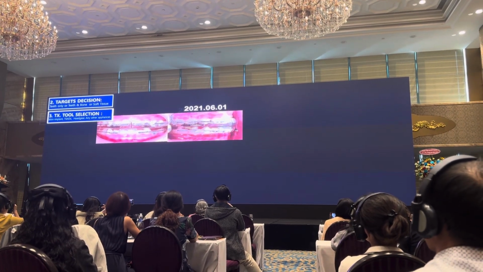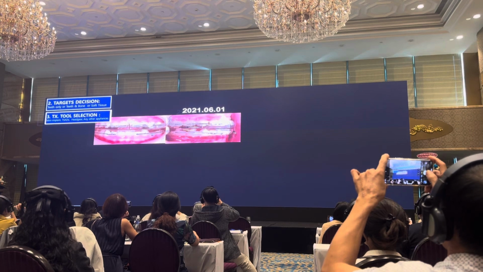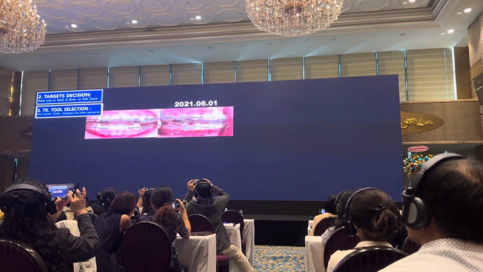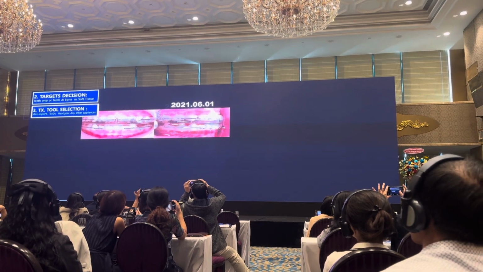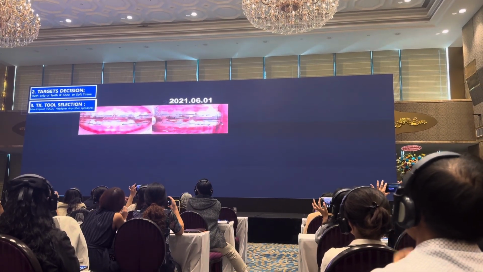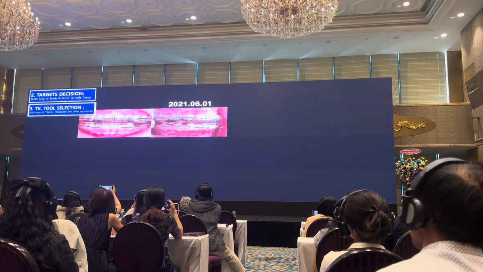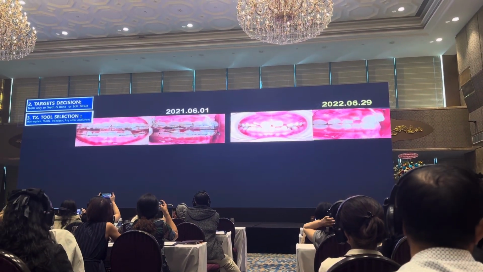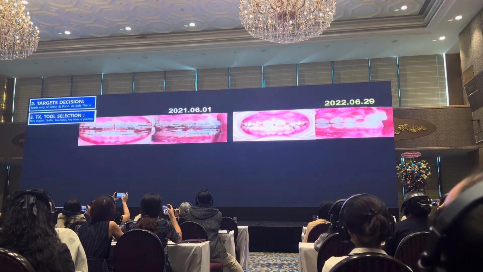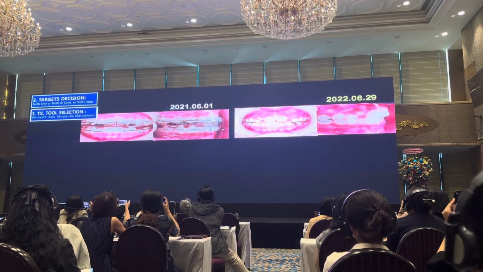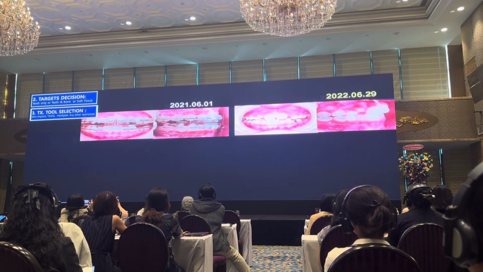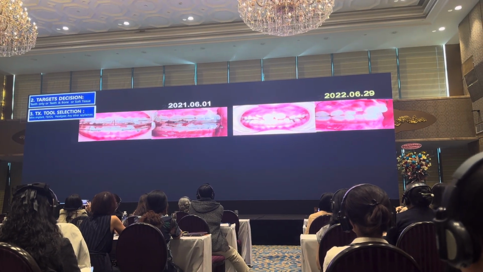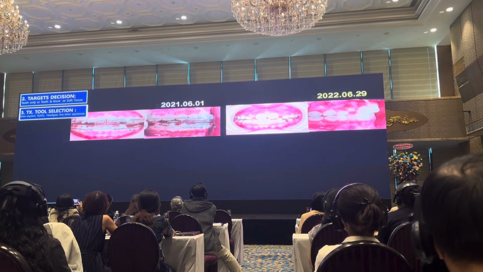As you can see, in the upper, the patient showed a narrow, constricted maxilla. Therefore, we applied a horseshoe expander design for slow expansion. Every 1 turn per week, 0.2 millimeter per week, we activate. After about a year, we found gradual change of the overjet, overbite and transverse dimensions.